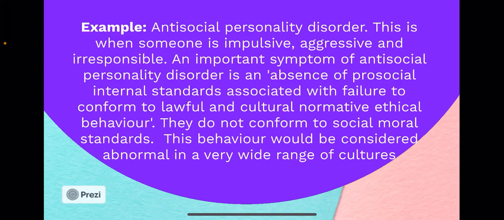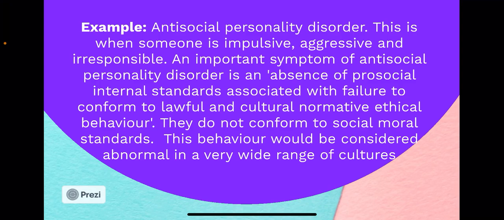An example of a behaviour which would be seen as more universally abnormal according to the deviation from social norms definition is antisocial personality disorder. This is when someone is impulsive, aggressive and irresponsible. An important symptom of antisocial personality disorder is an absence of pro-social internal standards associated with failure to conform to lawful and cultural normative ethical behaviour. So they do not conform to social moral standards.